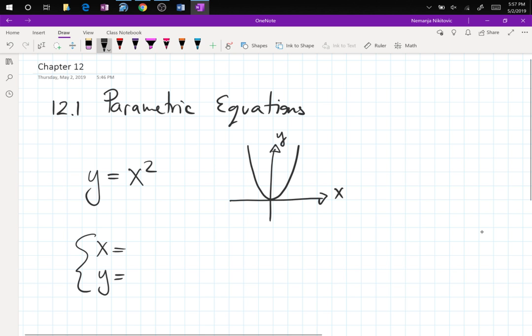That's all it is. So you have a single two-dimensional equation here. What we are going to do in parametric equations is write them in a separate dimension. So I'm going to introduce a parameter t, and if I replace x with t, then y becomes t squared.